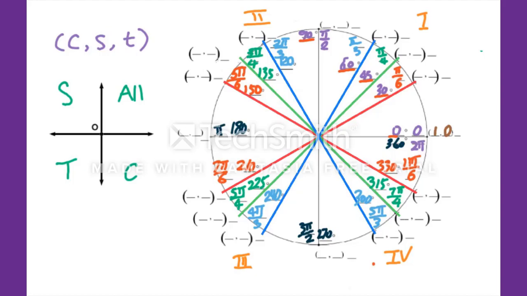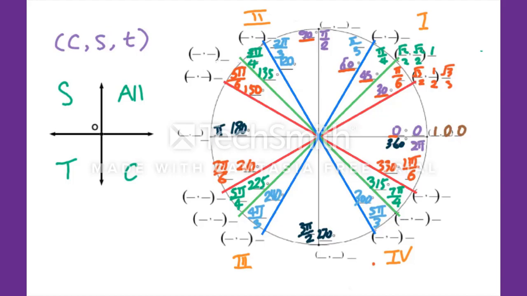Sine 0 is 0. Then tangent is 0. For 30, we got square root of 3 over 2, 1 over 2, then square root of 3 over 3. For 45 degree, we got square root of 2 over 2, square root of 2 over 2, and 1.